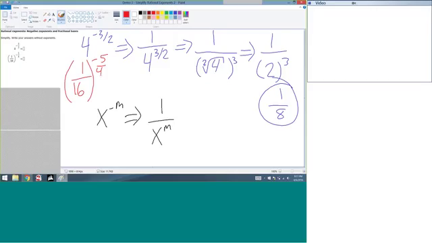Now, in the first one we did, the one in blue, we only had to deal with the 4 because there were no parentheses and no fraction. It was just that negative 3/2 attached to the 4. This one, we have a fraction in parentheses, and the negative 5/4 is affecting both the 1 up top and the 16 on the bottom.